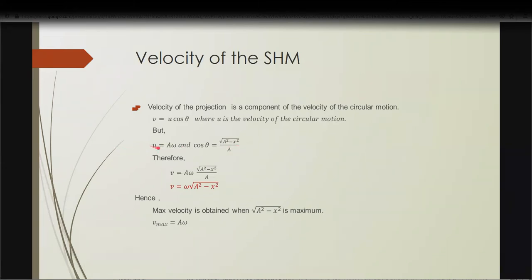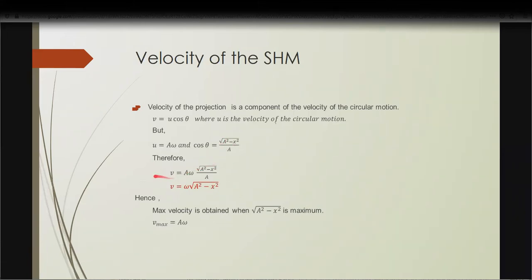And u is a omega. You have derived this relation under circular motion. And u is a omega, and cos theta is square root of a squared minus x squared over a.